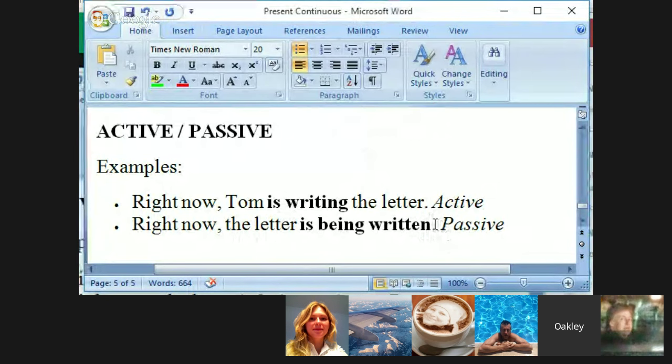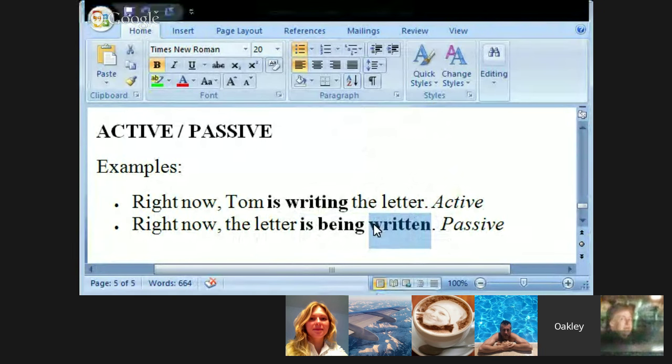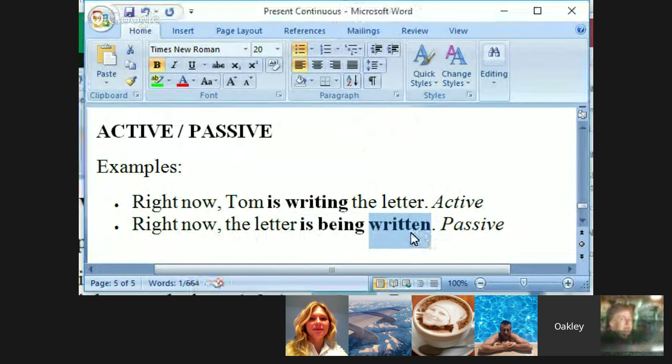Notice the structure of the verb. Always, every passive, no matter past, simple, present, perfect, progressive, whatever it is, the main verb in a passive sentence will always be the past participle. Okay, in front of that past participle of the main verb, you will see the verb to be reflecting the verb tense.